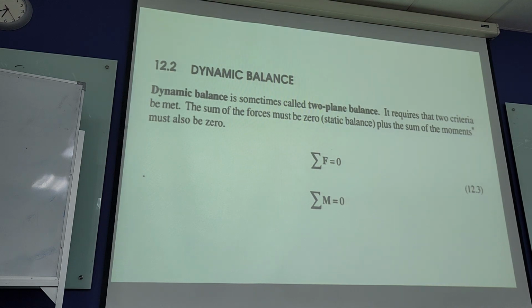But normally we have linkage systems rotating in a plane, so we have to balance not only the forces but also the moments acting on the system. For dynamic balancing, we need to make sure the sum of forces acting on the system is 0 and the sum of moments acting on the system is 0.